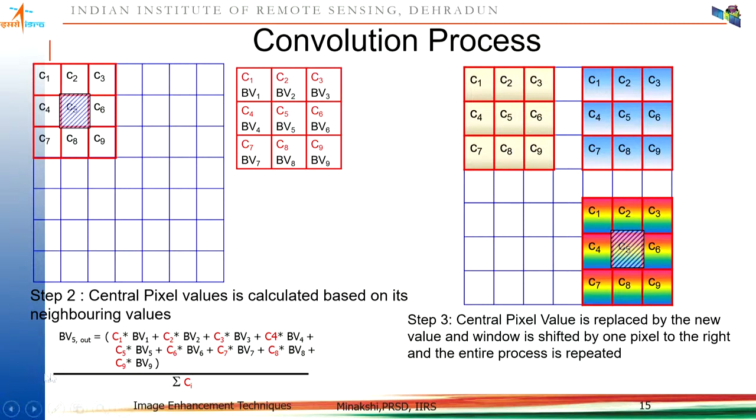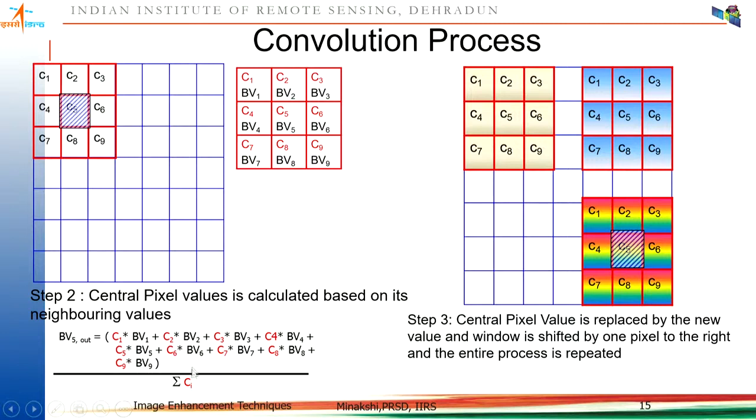So the convolution formula, if you see, the new value for the central pixel is constant 1 multiplied by brightness value 1, constant 2 is multiplied with brightness value 2, constant 3 is multiplied by brightness value 3, and so on for all the 9 pixels and added together. The entire thing is divided by the sum of the constants.